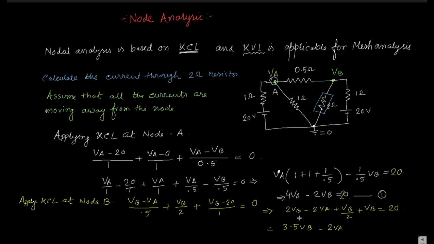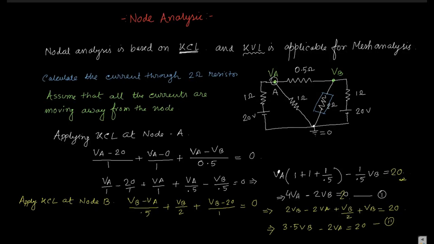It is 2VB plus 2VB, 4, plus 1, 5, plus 2, 7. Okay, so 3.5VB minus 2VA is equal to 20. This is equation number 2. This was equation number 1. Now solve these two equations. Please solve these equations and find VA and VB.